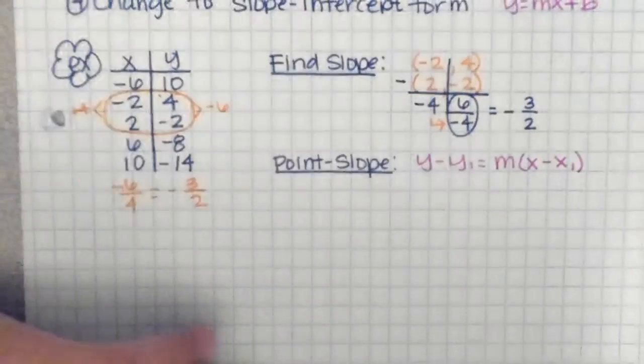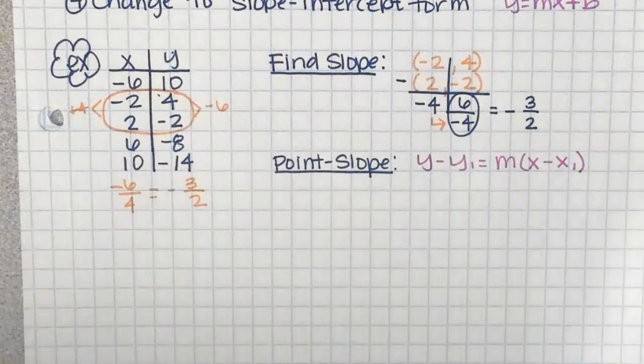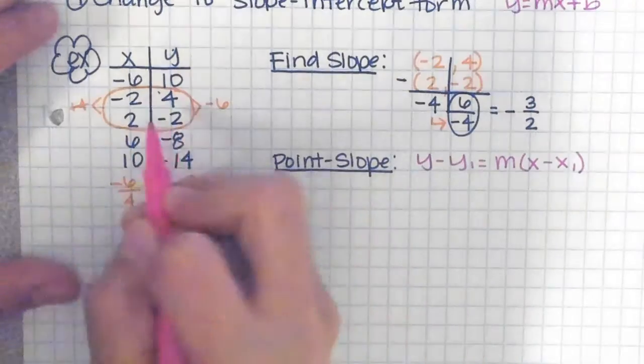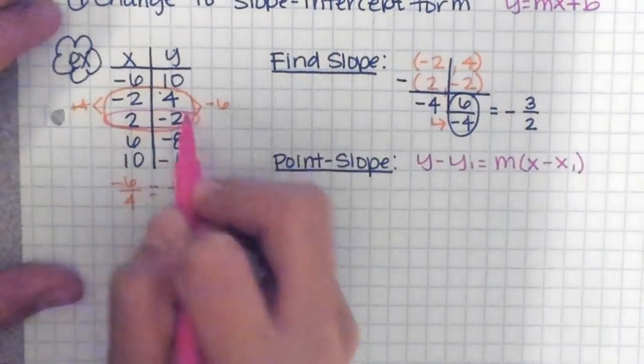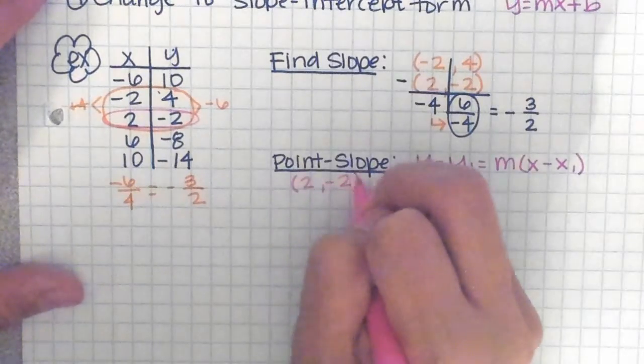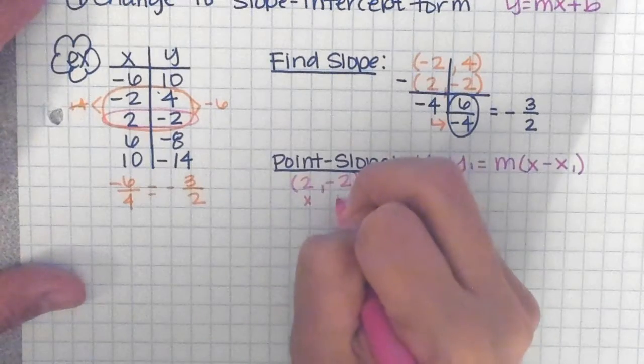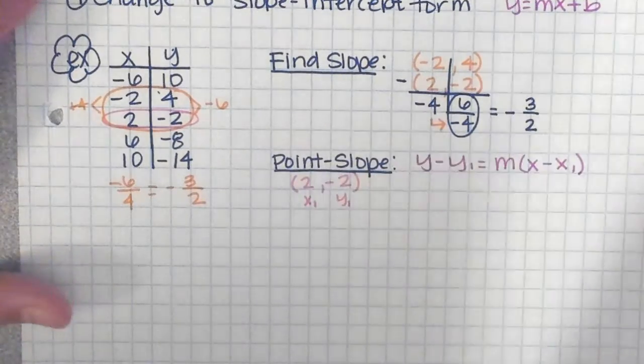I am going to pick a point, any point, from my table. Again, I'm probably going to go with the easier looking one. I like 2, -2. And I'm going to use that in my equation right here, where this is x1, y1.